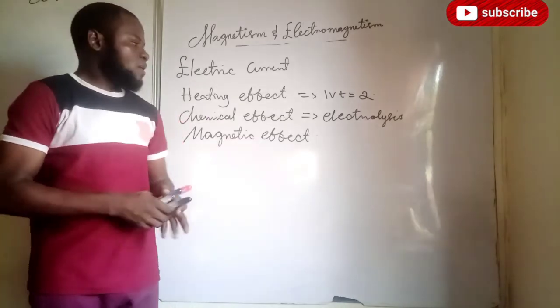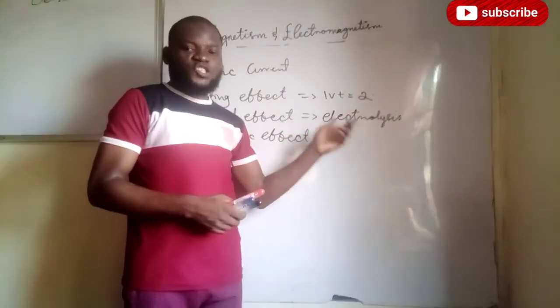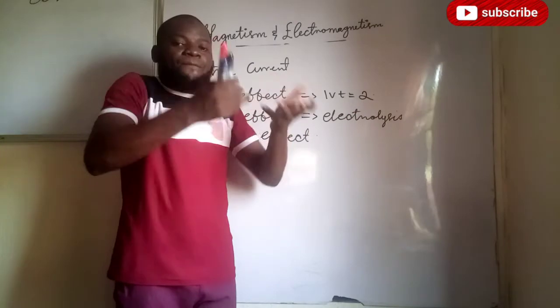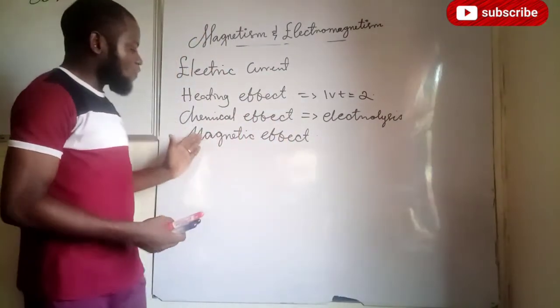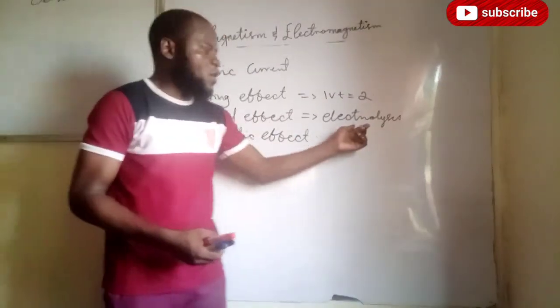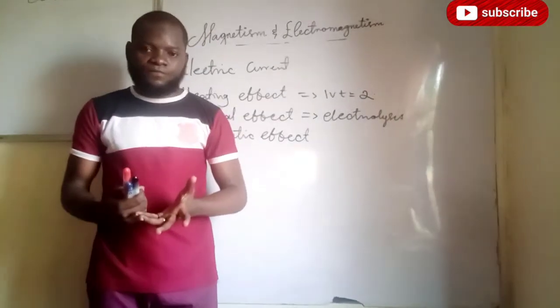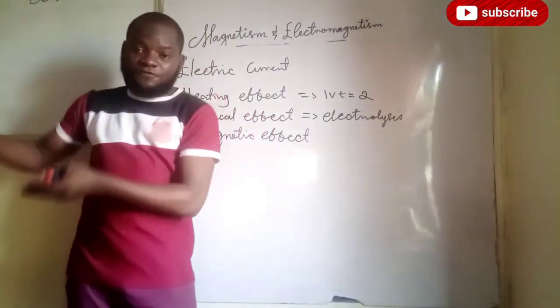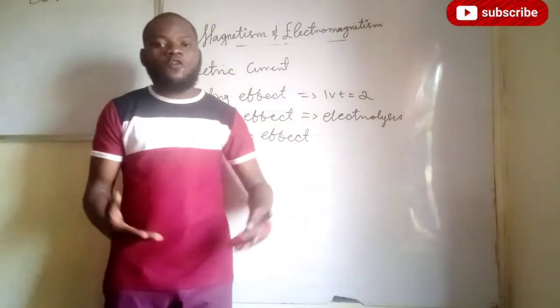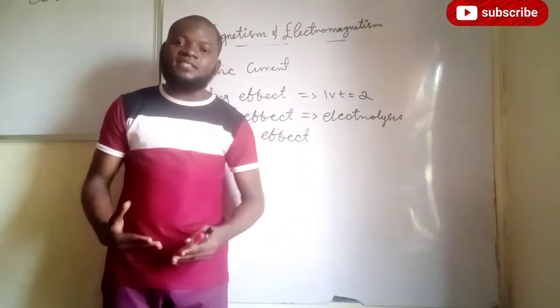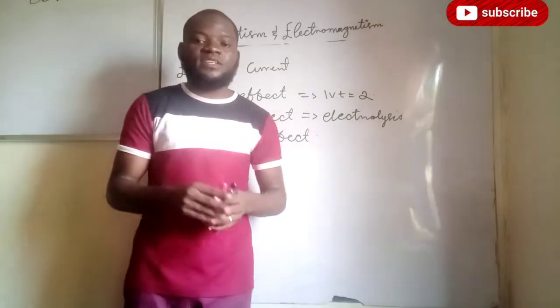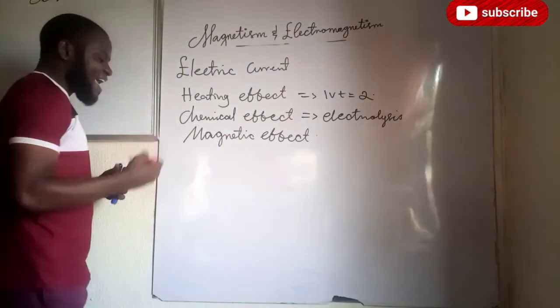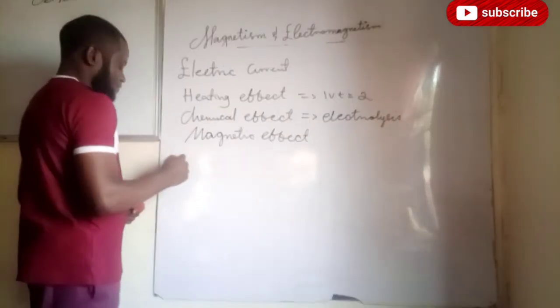Are we together now? The breakage of a compound into its simplest form as a result of current passing through it is what we call electrolysis. An example is the electrolysis of water.